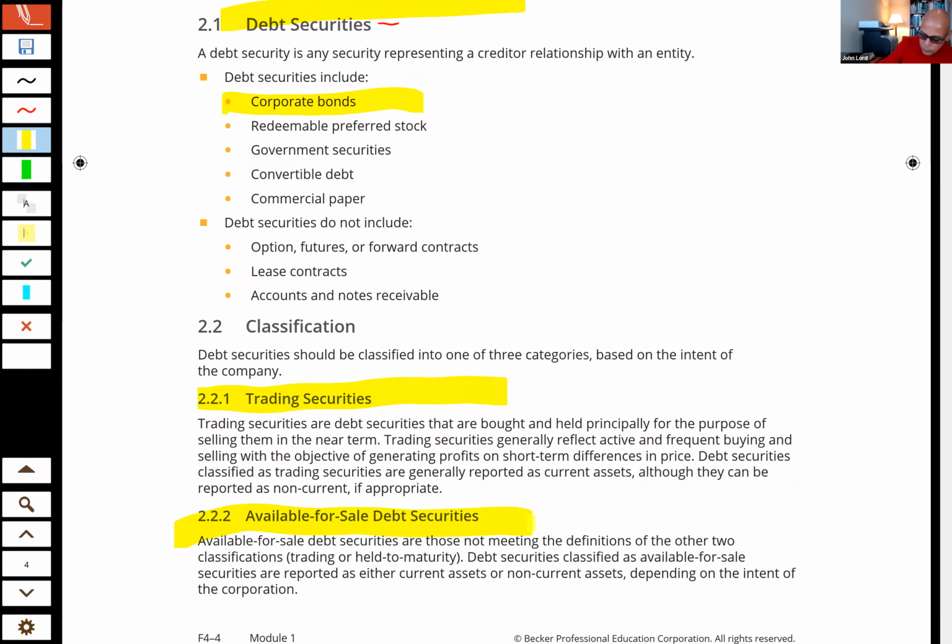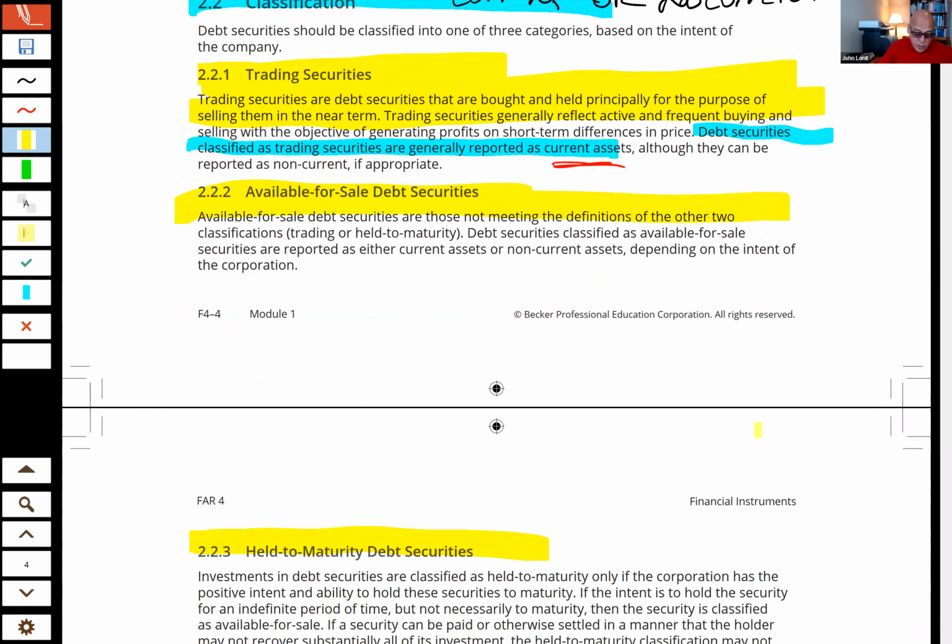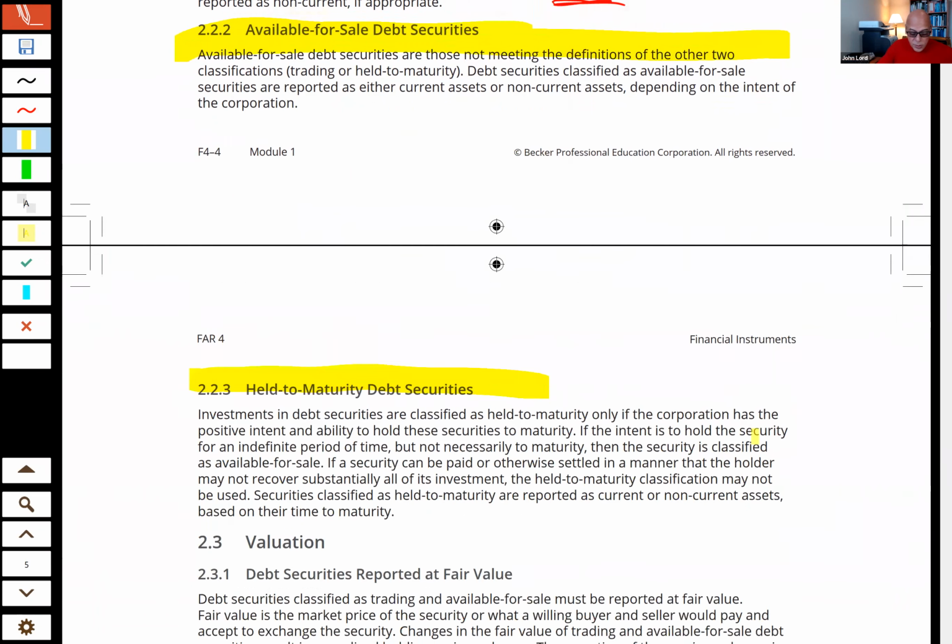Now, available for sale securities do not meet the definition of the other two classifications. So let's look at held to maturity, since they're telling us available for sale is neither trading nor held to maturity. Investments in debt securities are classified as held to maturity if the corporation has the positive intent and ability to hold that security to maturity.